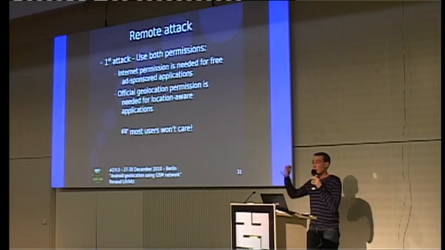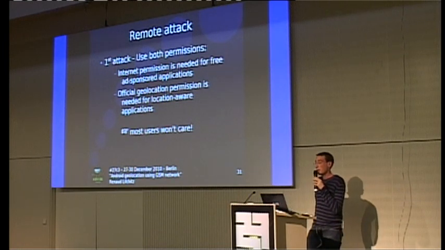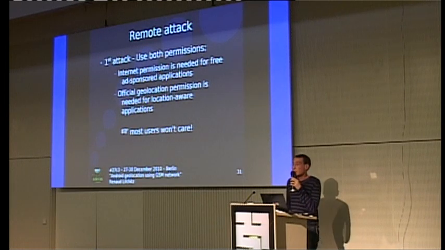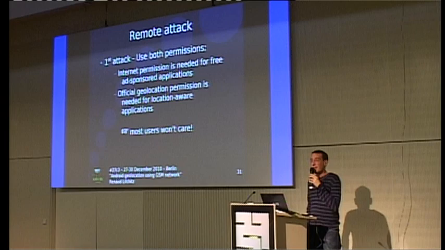Because the internet permission is quite commonly used in Android applications, since it's needed for free ad-sponsored applications. For the ads in the game, you need internet permission, right? And geolocation permission is needed for location-aware applications, like when you do a local search in Google for a restaurant, for example. So most users won't care. This is the first naive attack.